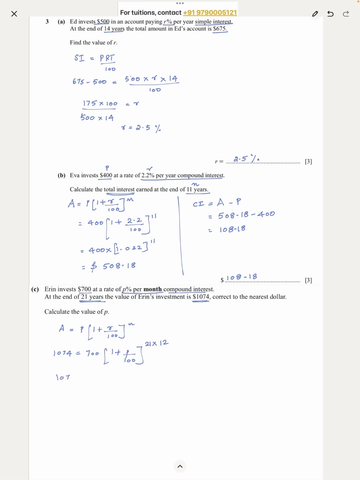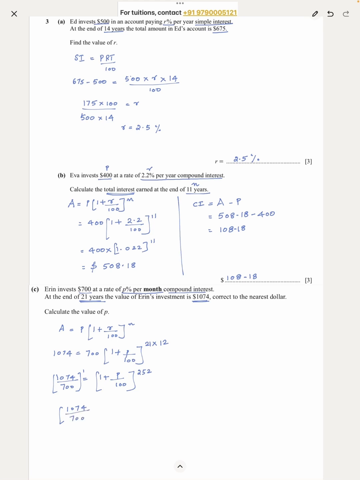So 1074 by 700, 1 plus p by 100 to the power 252. Now, this is power 1, right? So if I divide the powers by 252, then what would happen?